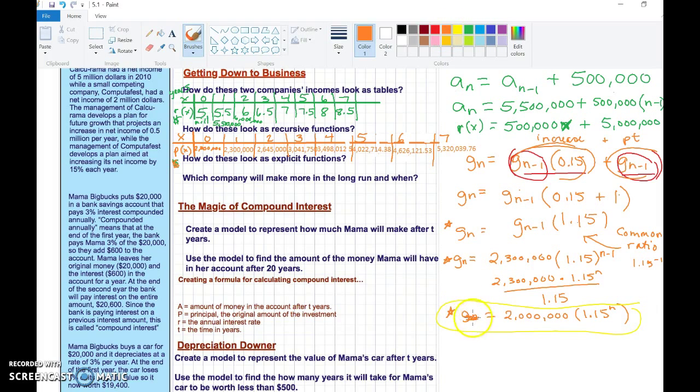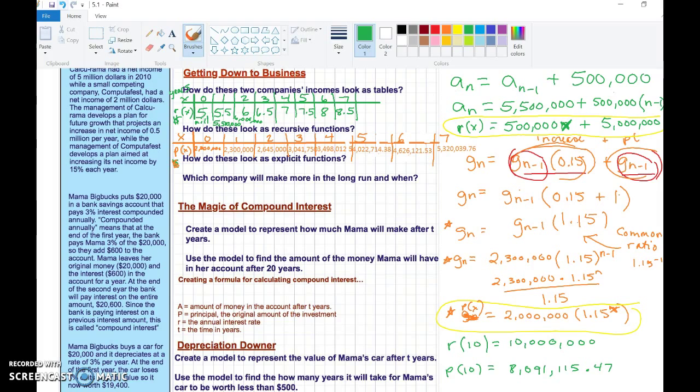That should be P of x, and that should be an x there. All right? So let's go ahead and use these two functions, which are a little bit easier and simplified. So put in 10 for x for the Calcurama, and then put in 10 for x for Computafest and see what you come up with.